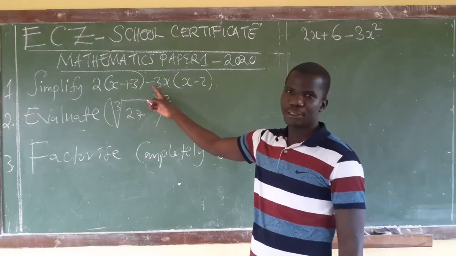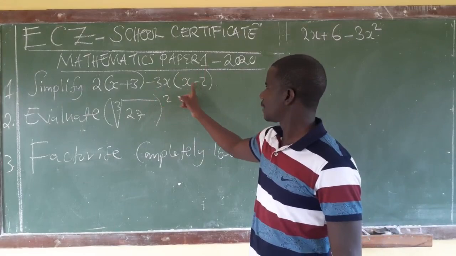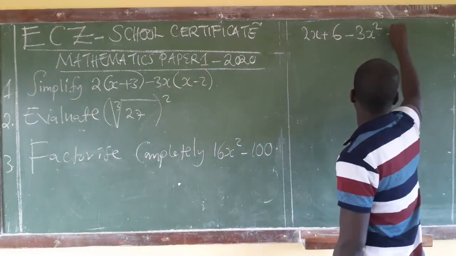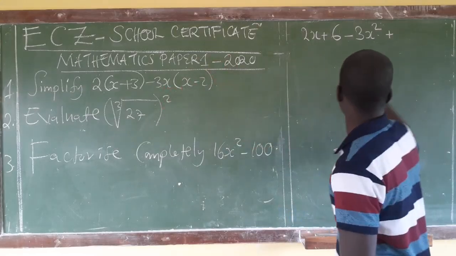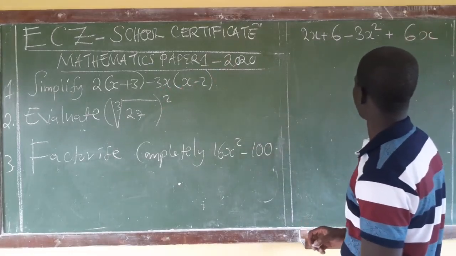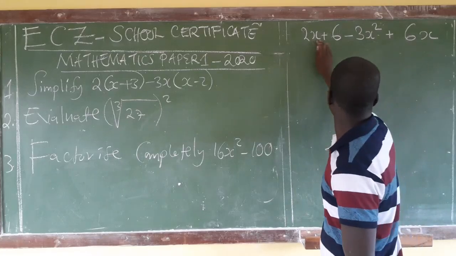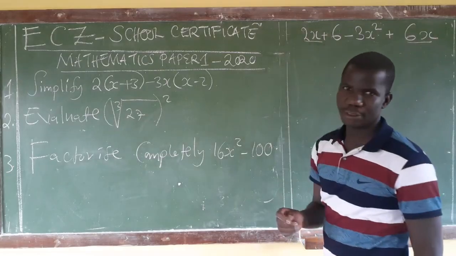Then look at this. We have a minus here as well as a minus, so this is going to give us a plus. What do we get? 3x multiplied by 2, we're getting 6x. When you look at this and this one, they're like terms.